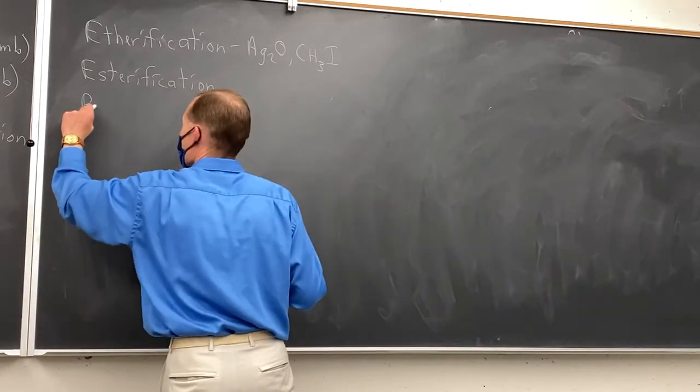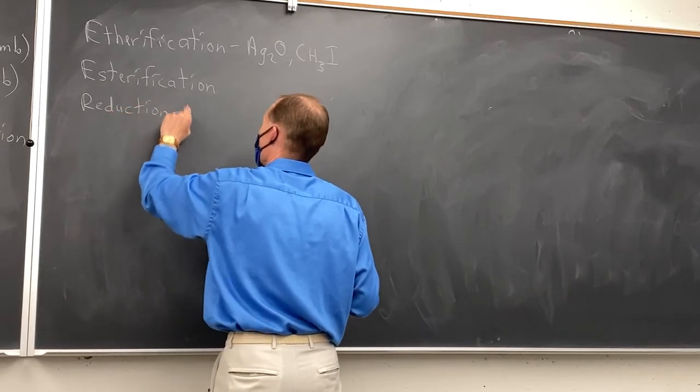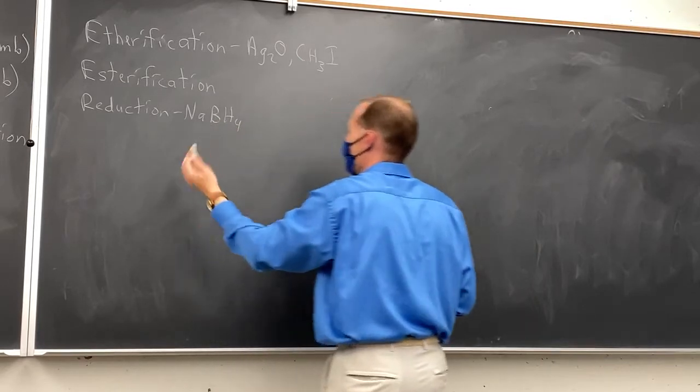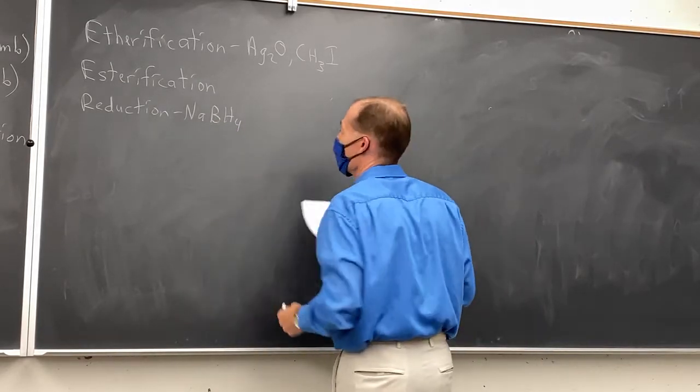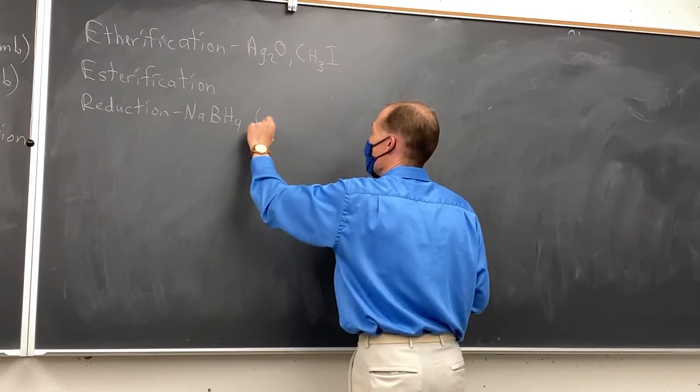Okay, reduction. We use sodium borohydride to reduce the aldehyde of an aldose or the ketone of a ketose. And the product is referred to as an alditol.